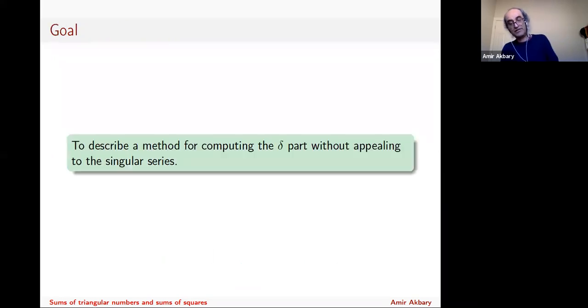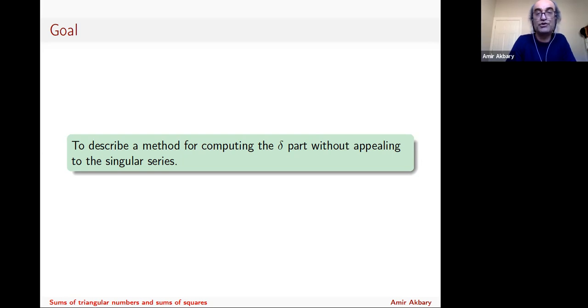Okay, so this was the end of the historical introduction. What I want to do now in this talk is describe a method for computing the delta part without appealing to the singular series. I want to describe a more arithmetic way to deal with the delta part without going through that analytic singular series.